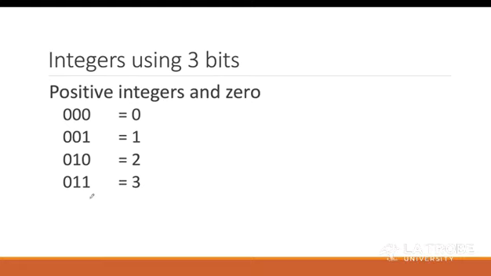How this is calculated is: the least significant bit is 2 raised to 0, the next will be 2 raised to 1, and the next will be 2 raised to 2. If all of these are 0, then the decimal is 0. If this bit is on, that means 2 raised to 0 is on, and 2 raised to 0's value is 1.